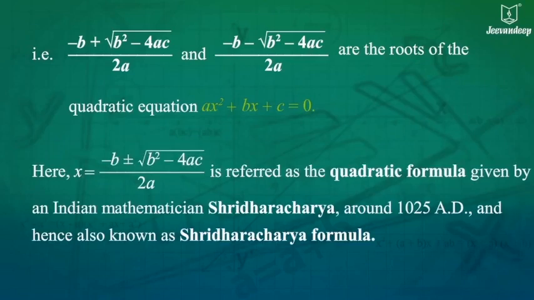Here x = (-b ± √(b² - 4ac))/2a is referred to as the quadratic formula, given by an Indian mathematician, Sridharacharya, around 1025 AD, and hence also known as Sridharacharya formula.